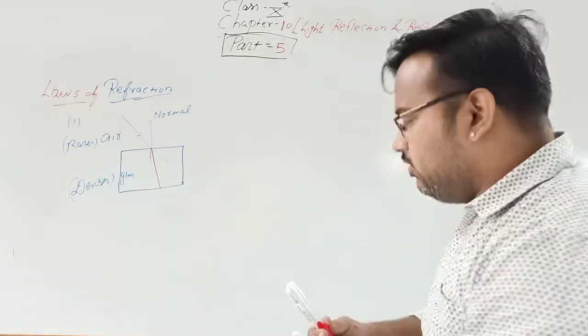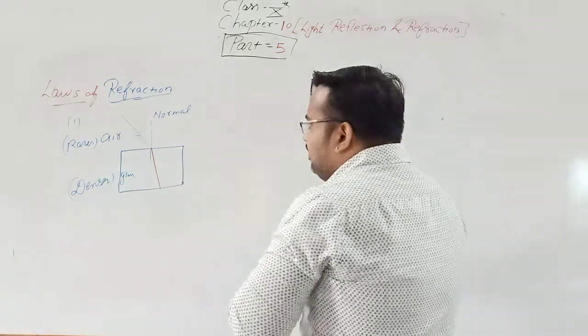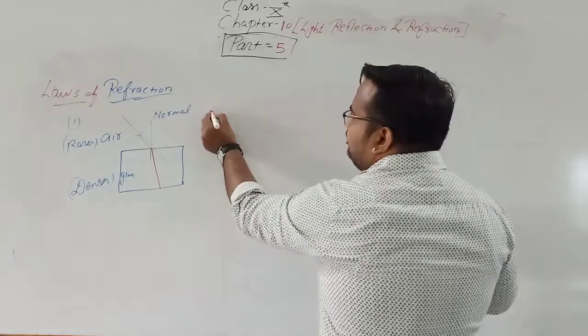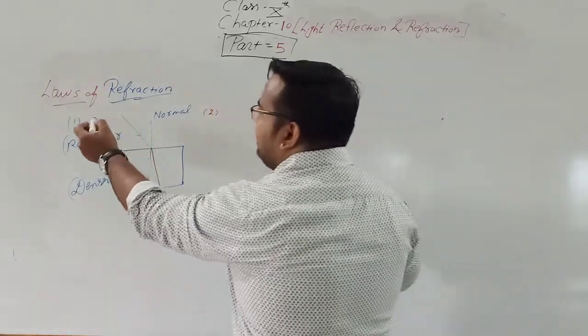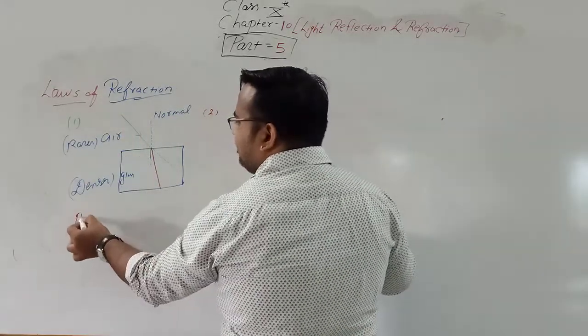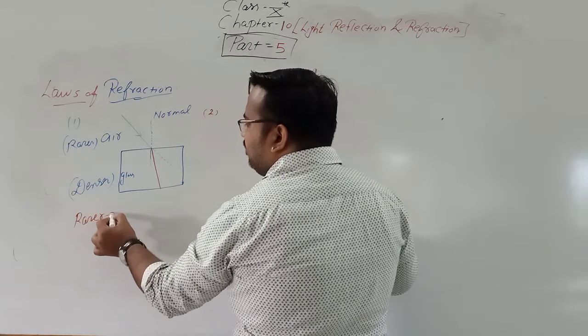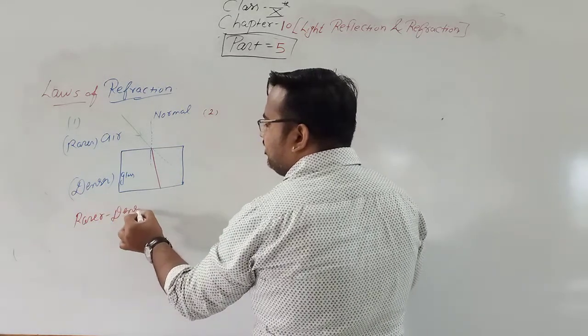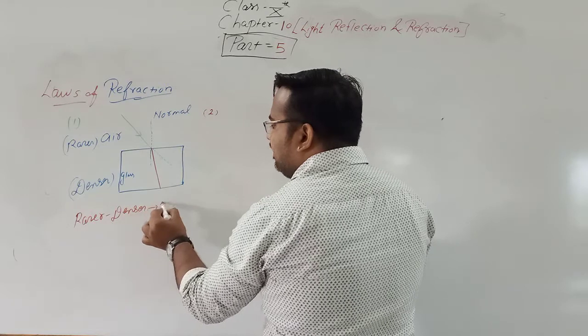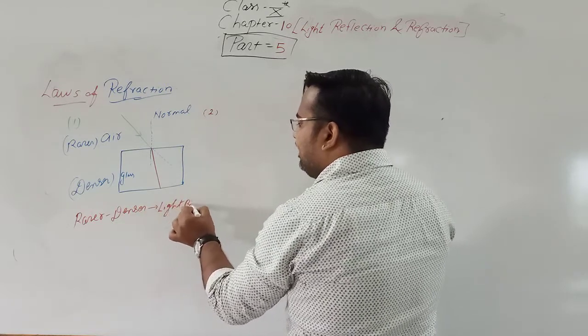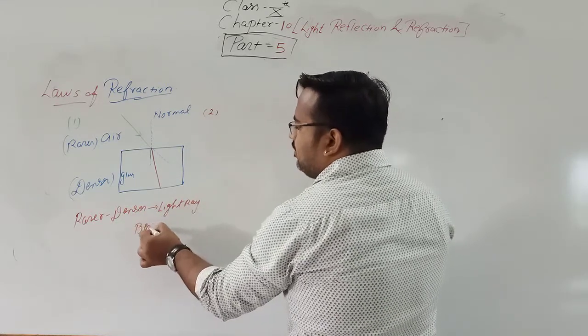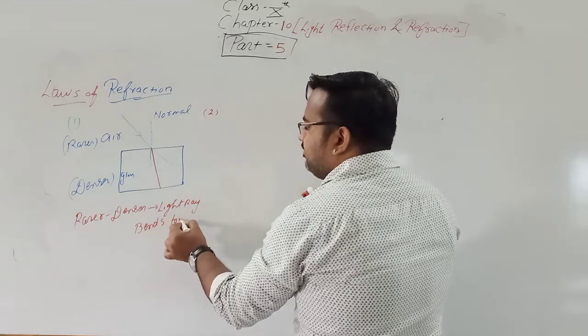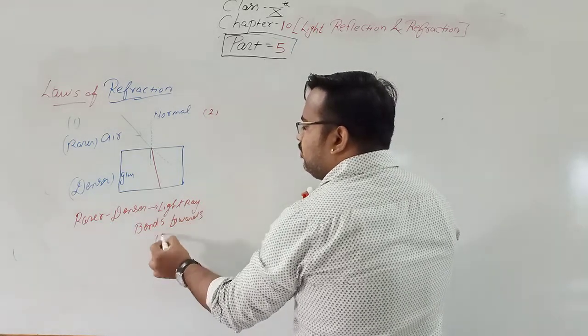So this is the first law. Here I can write rare to denser, so the light ray bends towards normal.